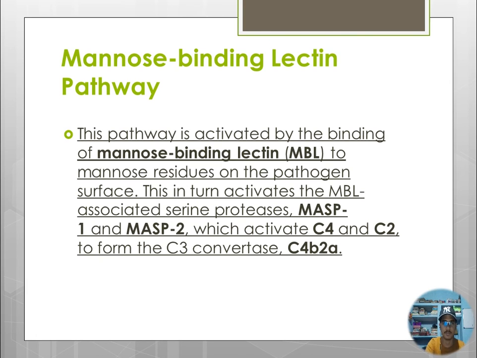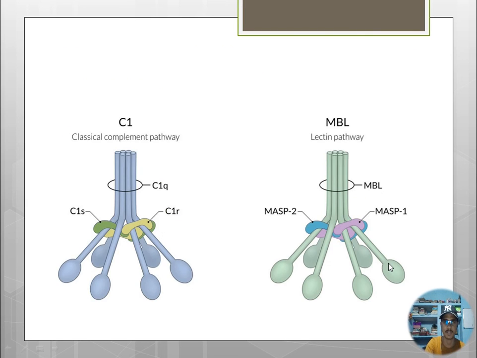So the mannose binding lectin pathway is much similar to the classical pathway, with the only difference that over here the first protein which is binding is the mannose binding lectin, which is homologous to the structure of C1 with three legs, and also the two serine proteases, MASP1 and MASP2, which are similar to C1r and C1s.